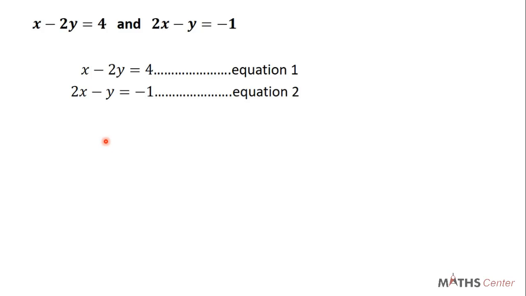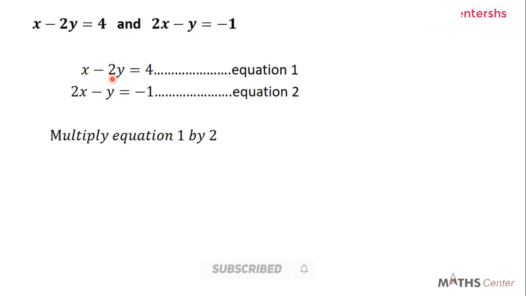So this is what I'm going to do. I'm going to keep equation 2. In equation 2, you know that the coefficient of x is 2. So I'm going to keep equation 2 and make sure that I get a new equation whose coefficient of x is also 2. So from equation 1, I'll multiply equation 1 by 2.